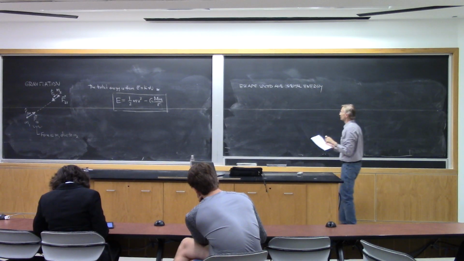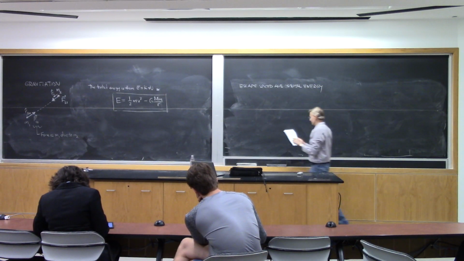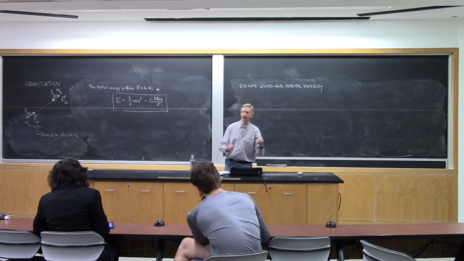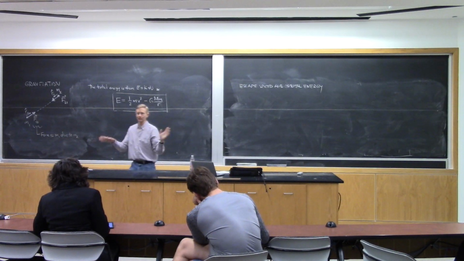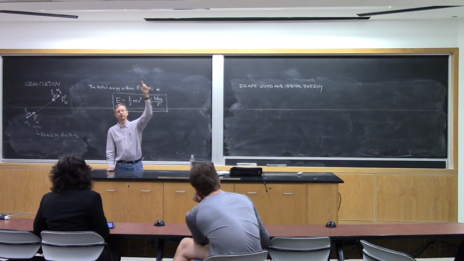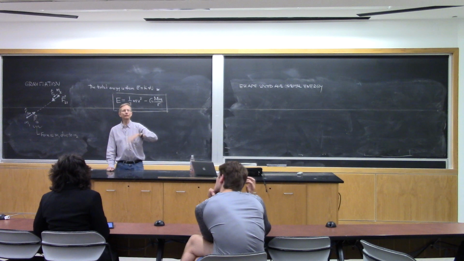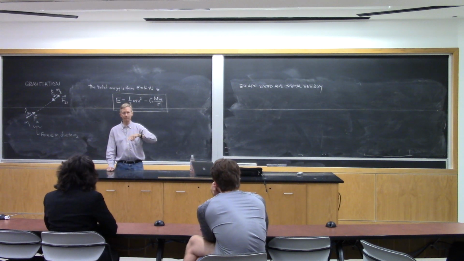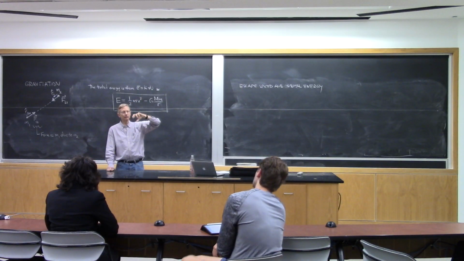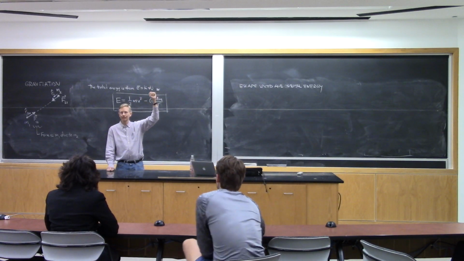Escape speed and orbital energy. Air friction, but imagine there's no air friction. You throw a ball. The faster you throw it, the higher it rises. If you can throw it fast enough, it would fly away from Earth, never to return, because never would it lose all of its kinetic energy.